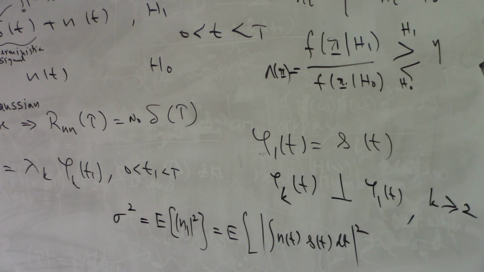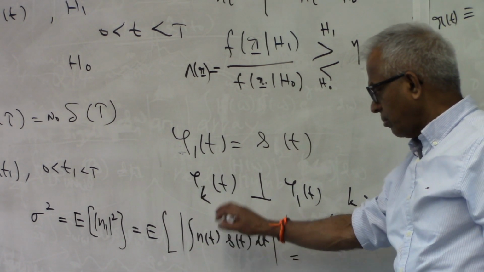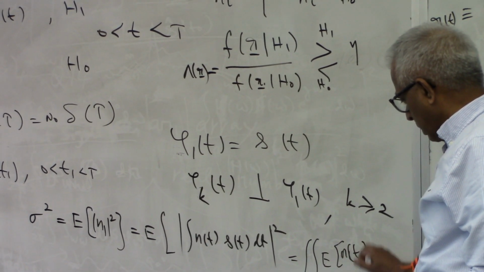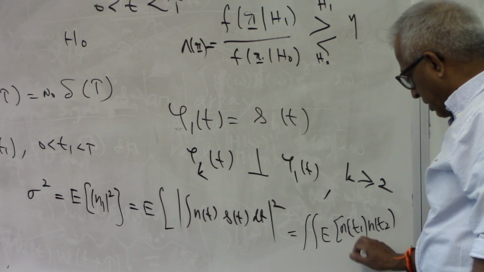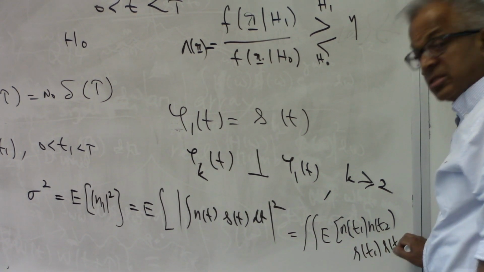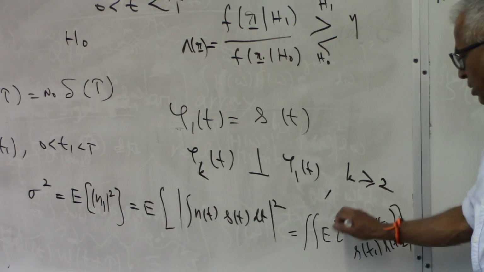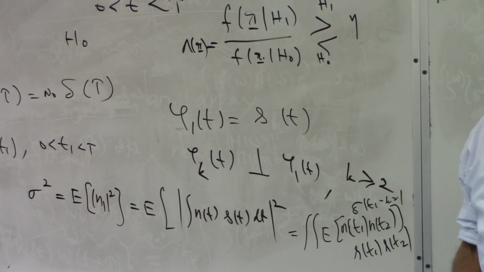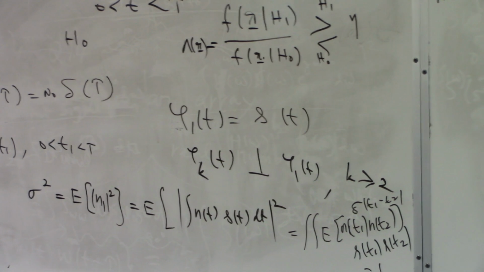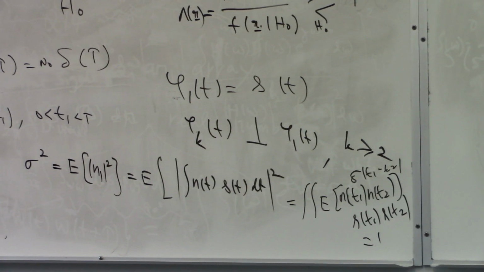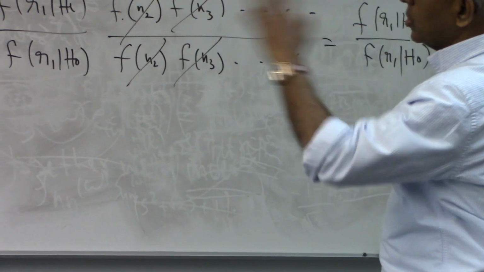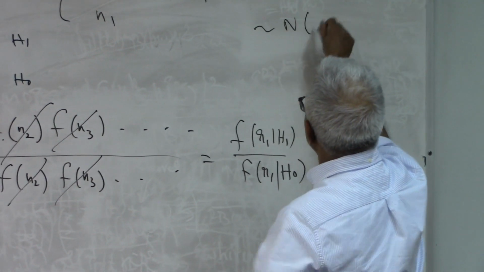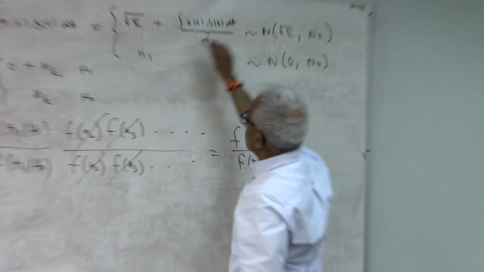If you expand this, you will get a double integral of the expected value of n(t1) n(t2), then you have s(t1) s(t2). The expected value of this is going to be delta of t1 minus t2. So this is going to be the integral of s squared of t dt, that's going to be 1, or N0, whatever we have. We picked it up to be N0, so some constant N0. Whereas this will be zero mean with the same noise variance.